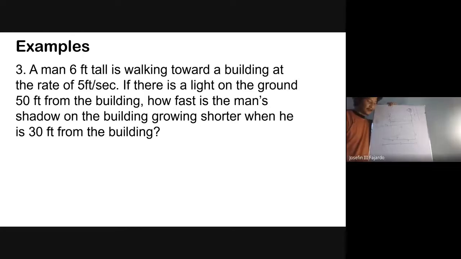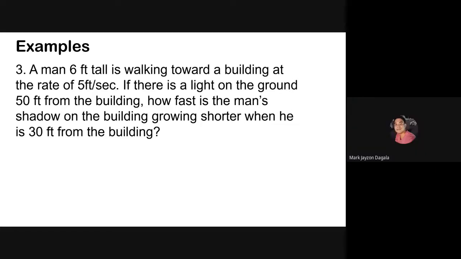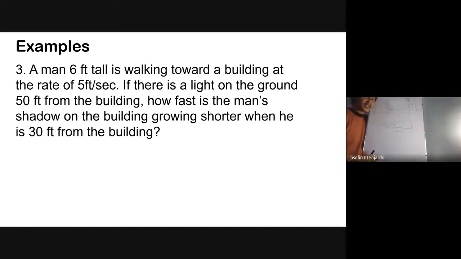Sir, okay lang ba? So with this, we can now identify, nakikita ba to? Okay. Yes, sir, kita. Okay, we can now identify similar triangles again here. So pwede natin sabihin na itong small triangle na to ay similar dito sa bigger triangle kasi pare sila right triangle, di ba?